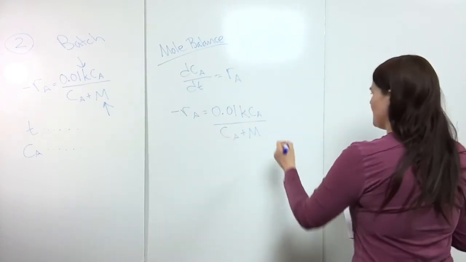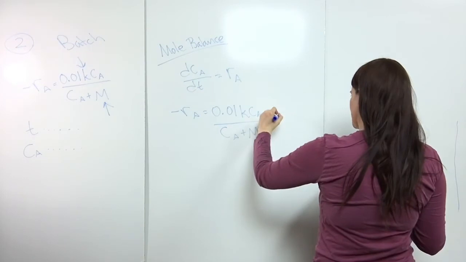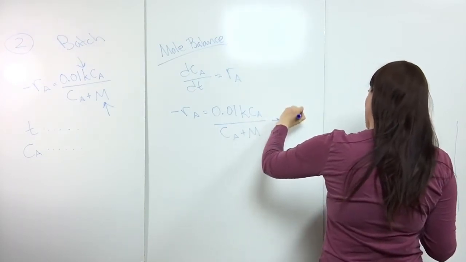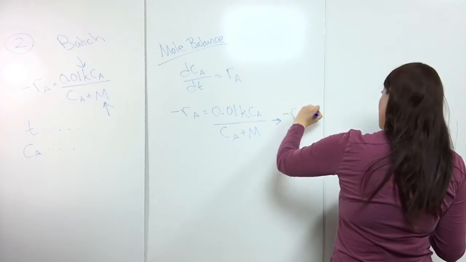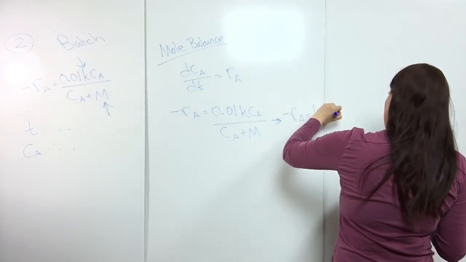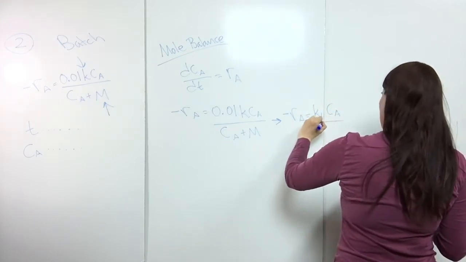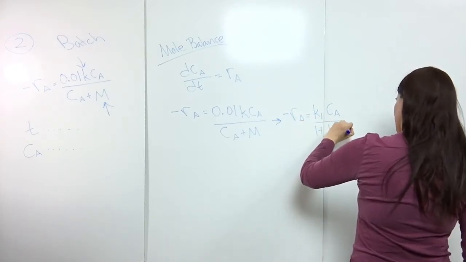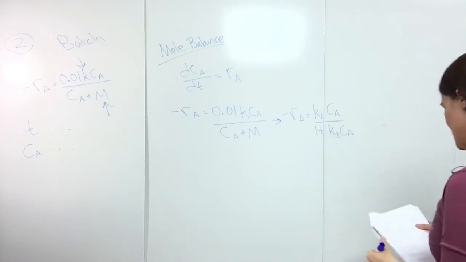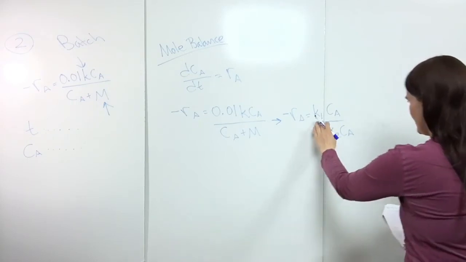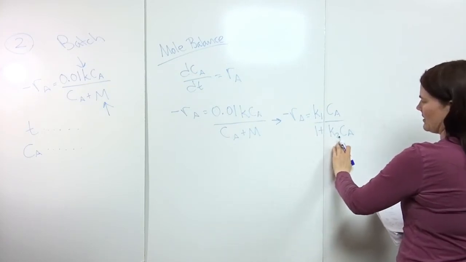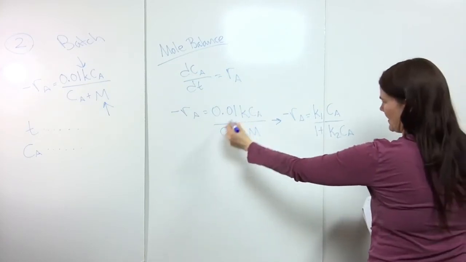And then we want to put this in this form. So we want minus rA to be equal to K1 CA over 1 plus K2 CA. So we can do that if we can figure out what K1 and K2 need to equal to get this equation.